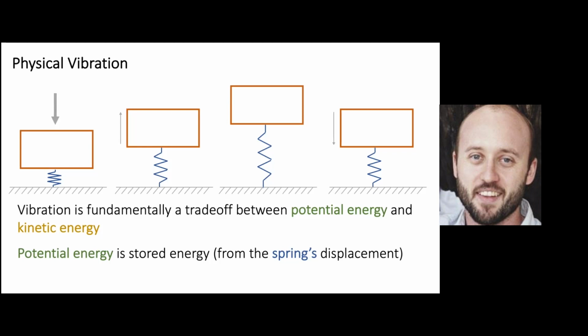So that's why when we compress it or extend it, the block's going to start to move once we let it go, because that spring has stored it as potential energy and now it's releasing it to give motion to the block. And then when the block moves, the block itself has what we call kinetic energy. And this is something that arises from the block's velocity. So as long as the block is moving, we would say that it has kinetic energy.